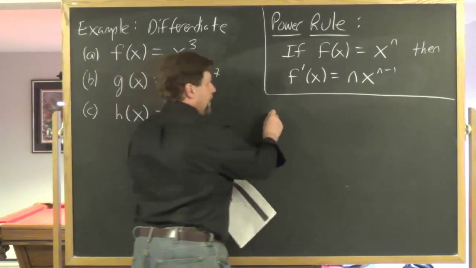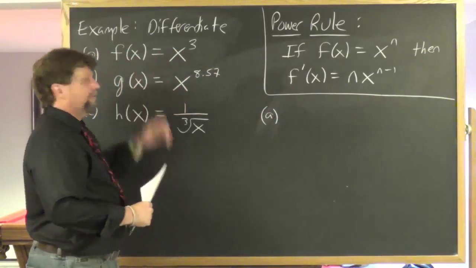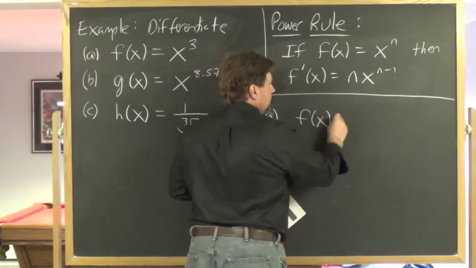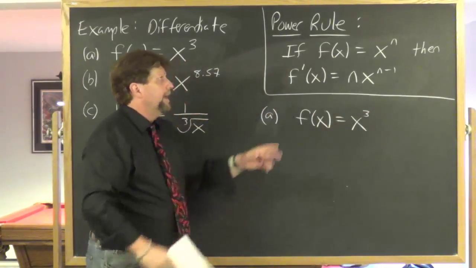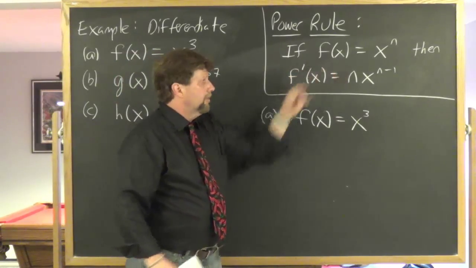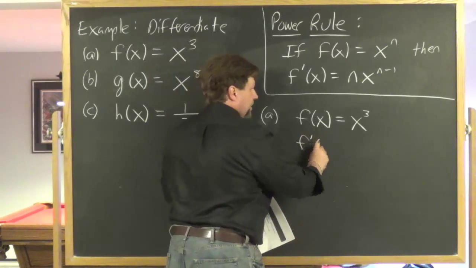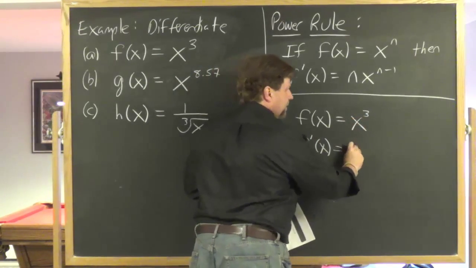So here we are, performing the mathematics on part A. Your function is x cubed. Use the power rule. When we use the power rule to get the derivative, f prime of x, the 3 comes out front as a multiplier.